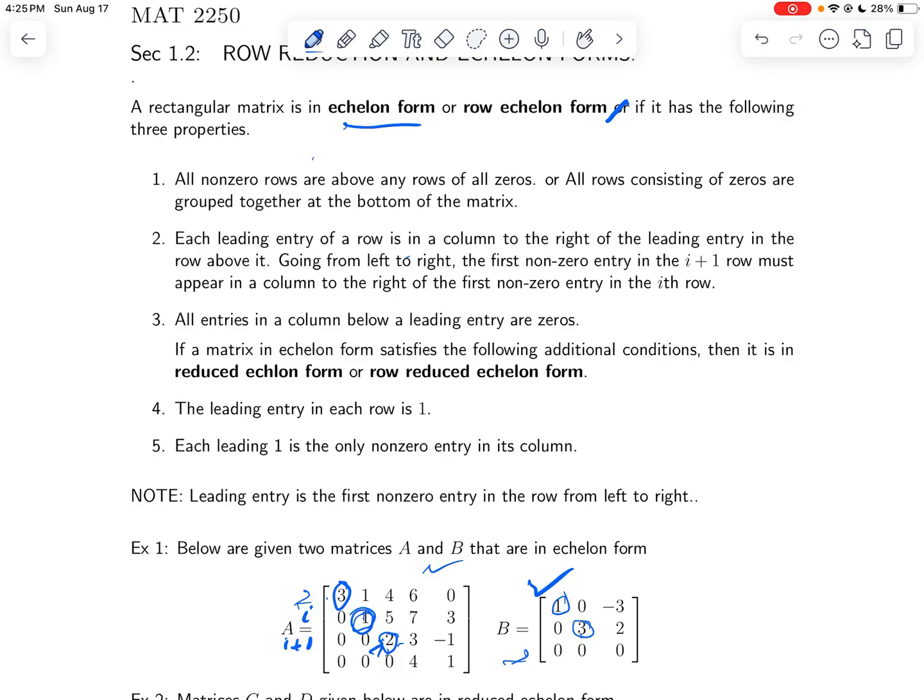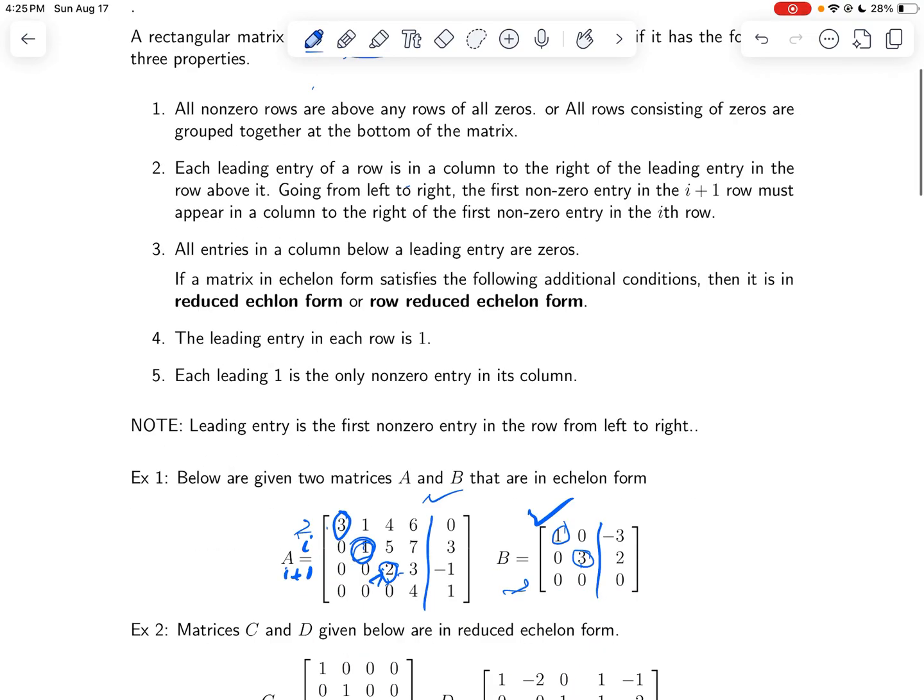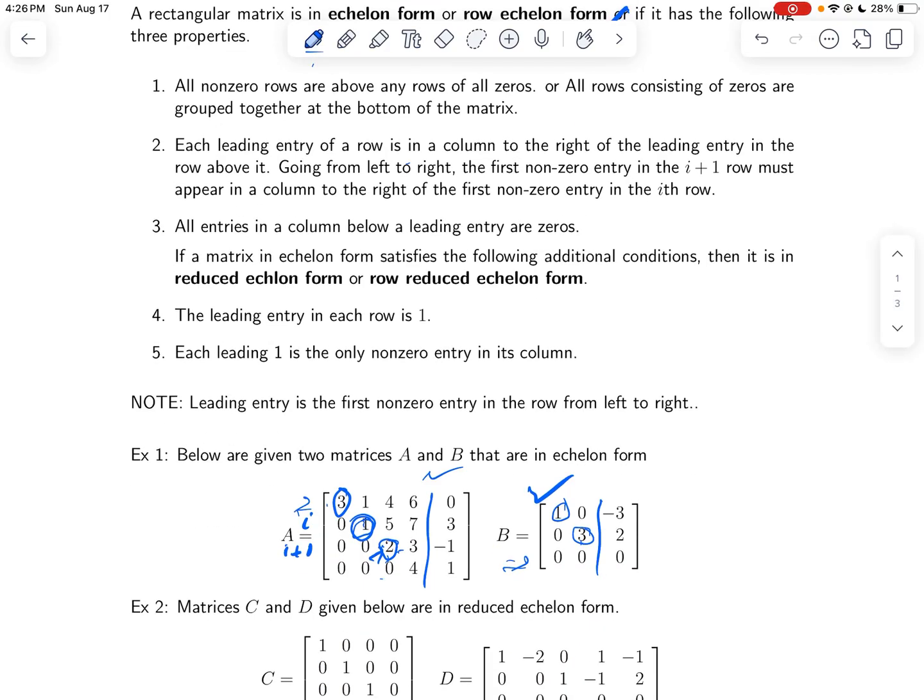Same thing over here. Now this last column, remember, is not part of the coefficient matrix. It is part of the augmented matrix, so it comes not from the coefficients but from the numbers to the right of the equal sign. So these two, A and B, are in echelon form.